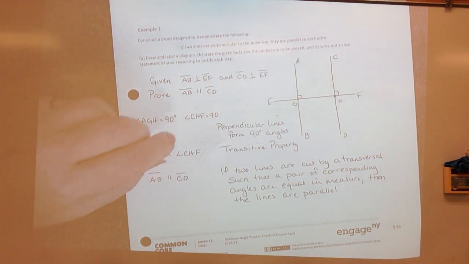Okay? So I've proven corresponding angles are parallel.